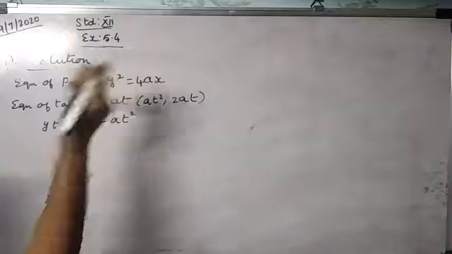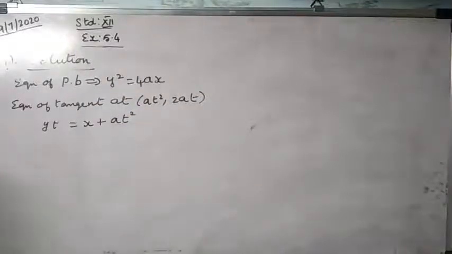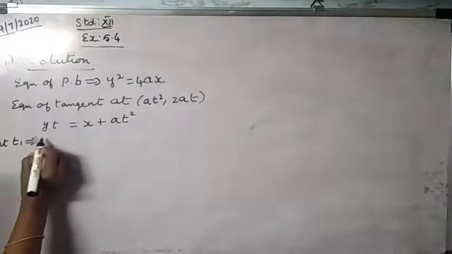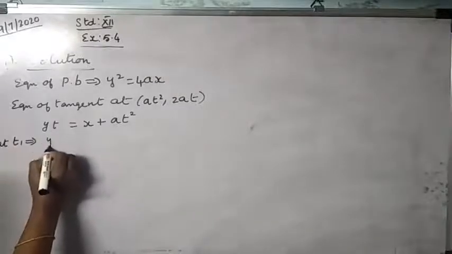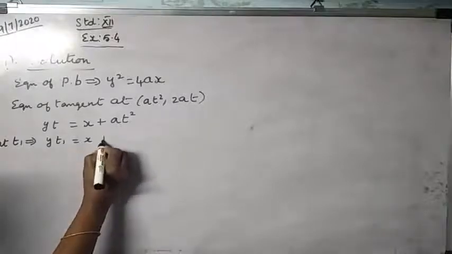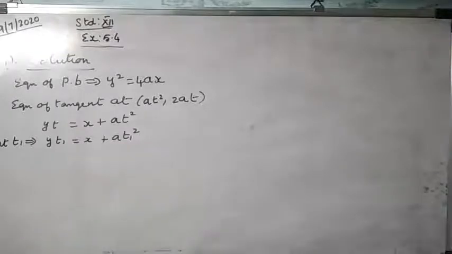Now here it is given t1 and t2, the points. So we want to find the point of intersection of t1 and t2. So I can write at t1, which implies replace this t with t1. So y t1 is equal to x plus a t1 the whole square.